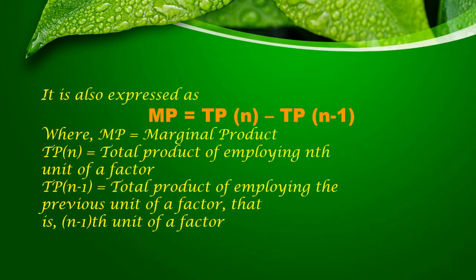Now, MP is equal to TPn minus TPn minus 1, where TPn is the total product of employing n units of the factor, and TPn minus 1 is the total product of employing the previous units, that is n minus 1 units of the factor.